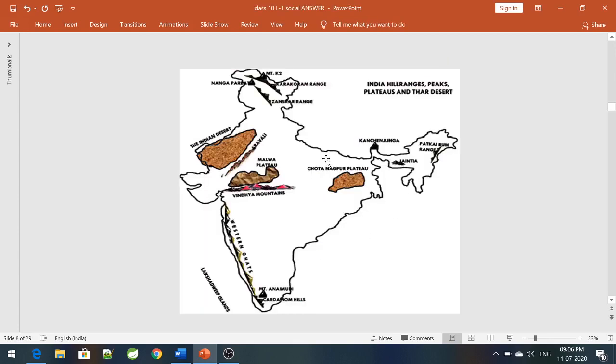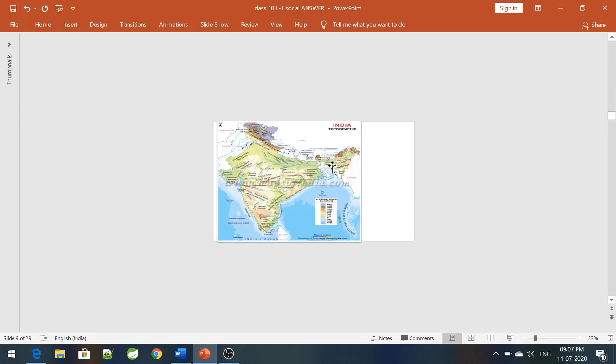This shows the hill ranges, peaks, plateaus and deserts. See here K2, Nanga Parbat, Zaskar range, the Indian desert, that is the Thar desert, Malwa plateau, Vindhya mountains, Western Ghats, here Eastern Ghats, here Lakshadweep islands, here Andaman and Nicobar islands, this Mount Anaimudi, Coromandel hills, and Chotanagpur plateau, Kanchenjunga, Jaintia, Patkai Bum range.